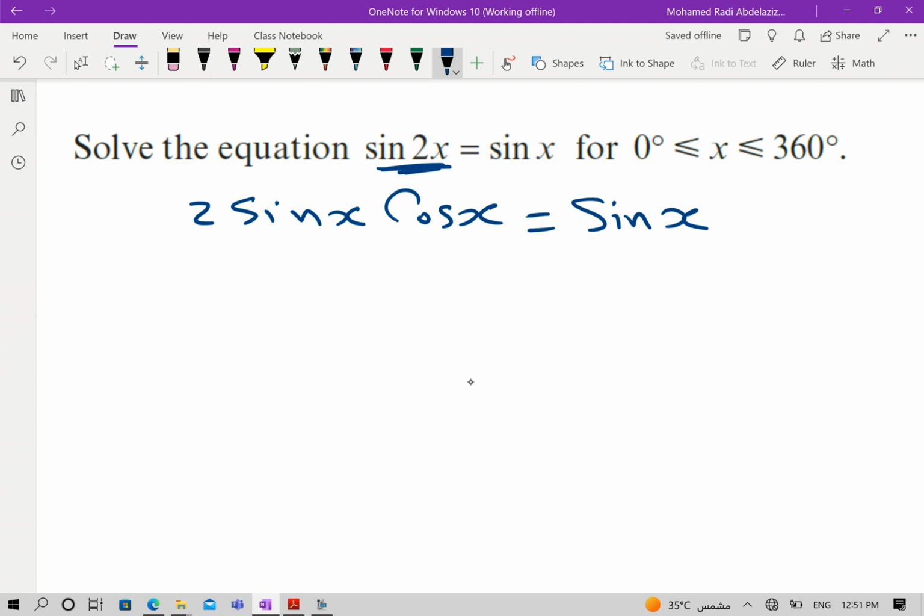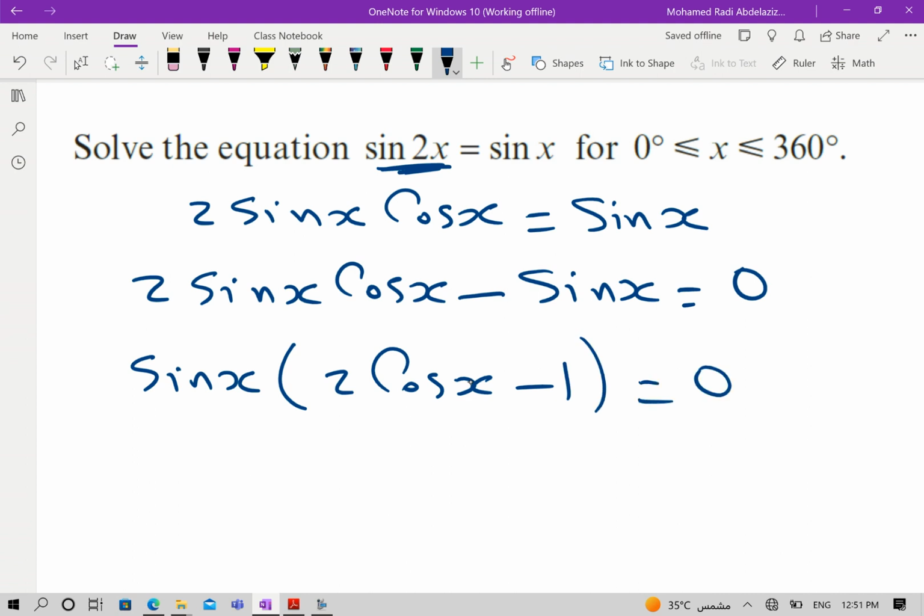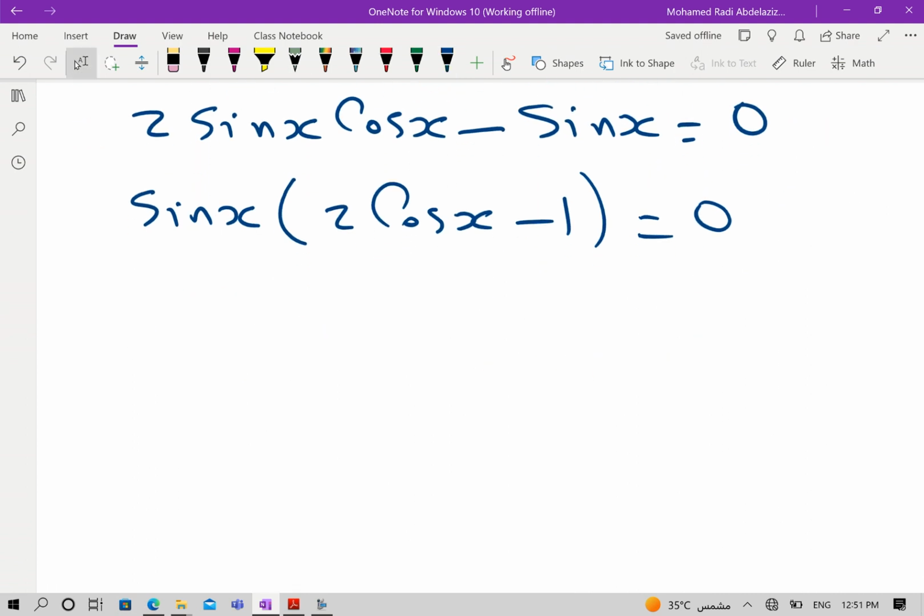For any equation, if you move sine x to the other side, 2 sine x cosine x minus sine x equals 0. Don't try to divide it by a variable. By taking sine x outside, so sine x times 2 cosine x minus 1 equals 0. We have 2 factors.